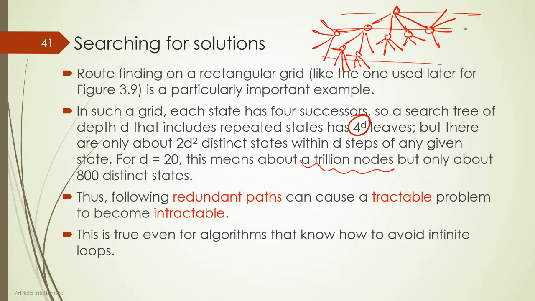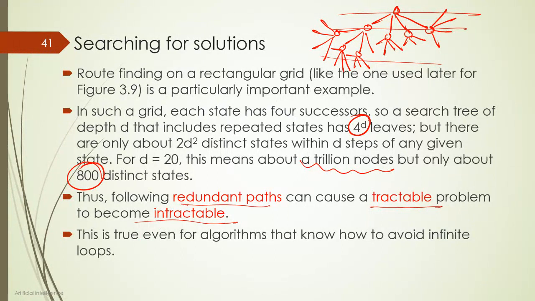But the total number of states in this case is only 800, because you have a lot of redundant paths. So a lot of turning around, just repeating the same thing, if you do it blindly, if you do a blind search, what we call an exhaustive search. Thus, following redundant paths can cause a tractable problem to become an intractable problem.